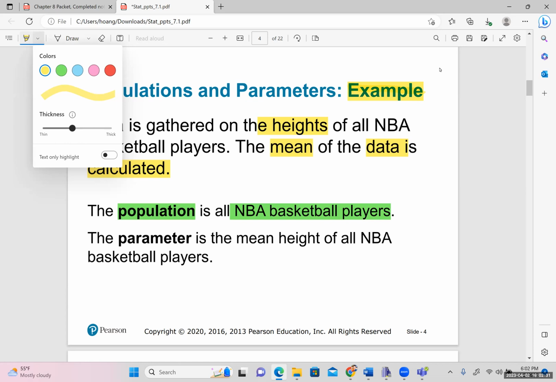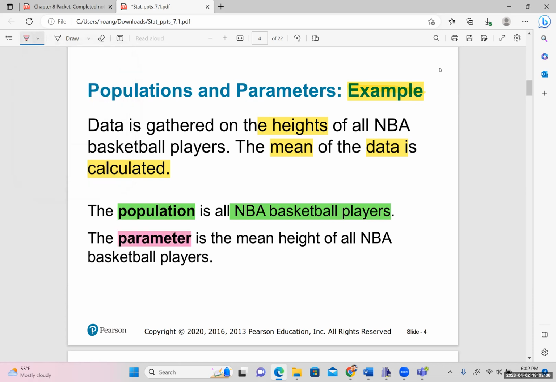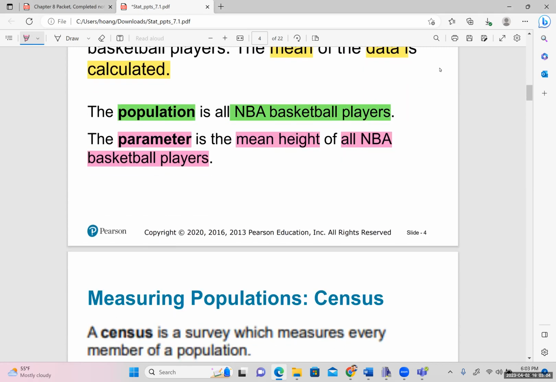So what about the parameter? It's going to be the mean height of all NBA basketball players. So that you can understand the parameters for the population. Okay, so let's move on.